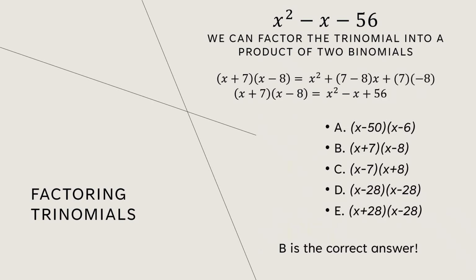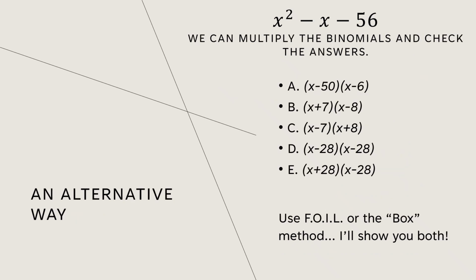So when we plug that in, we have x plus 7 times x minus 8. So that's our binomial. And we see that that's actually one of the choices to choose from. So we found our answer, B. The binomial x plus 7 times x minus 8 is indeed equal to x squared minus x minus 56.